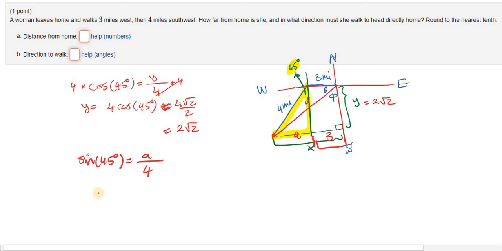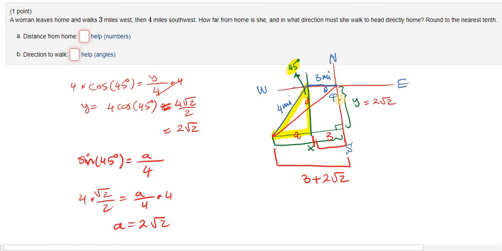So sine 45 degrees is square root of 2 over 2 equals a over 4. I need to solve for a, so I'm going to multiply both sides by 4. I will get a equals 2 square root of 2. So x, the entire distance, is 3 plus 2 square root of 2.